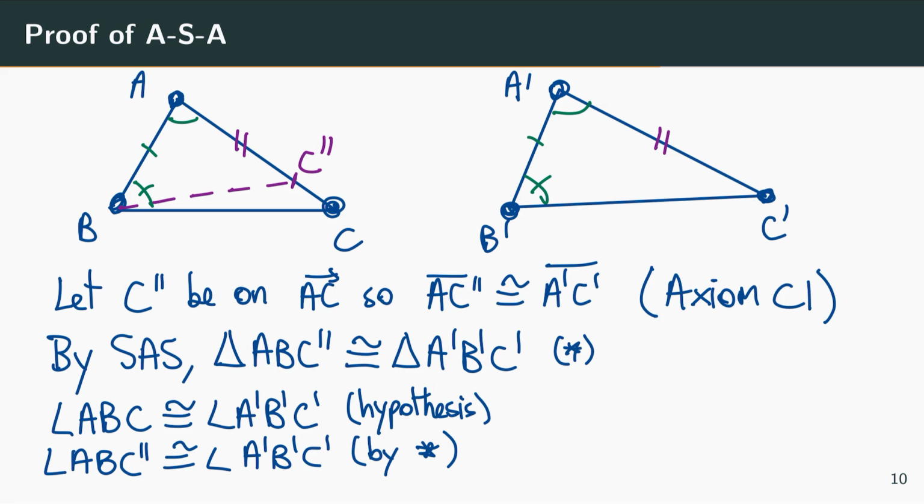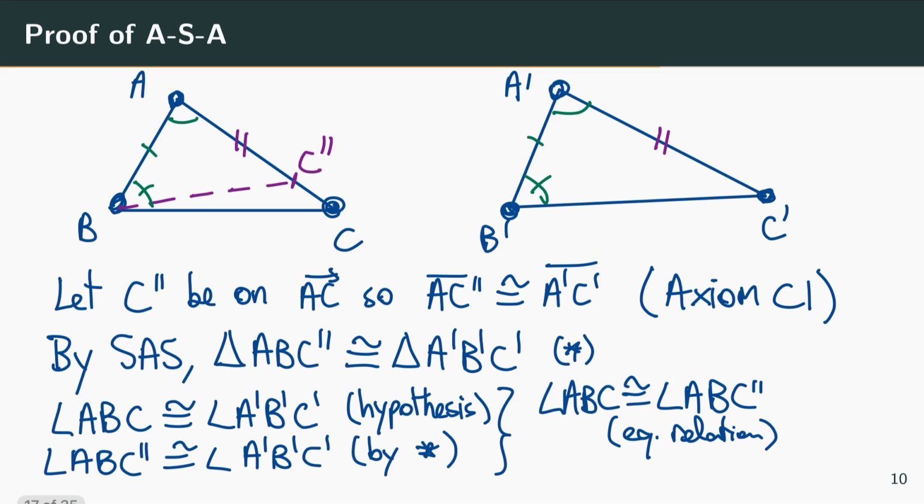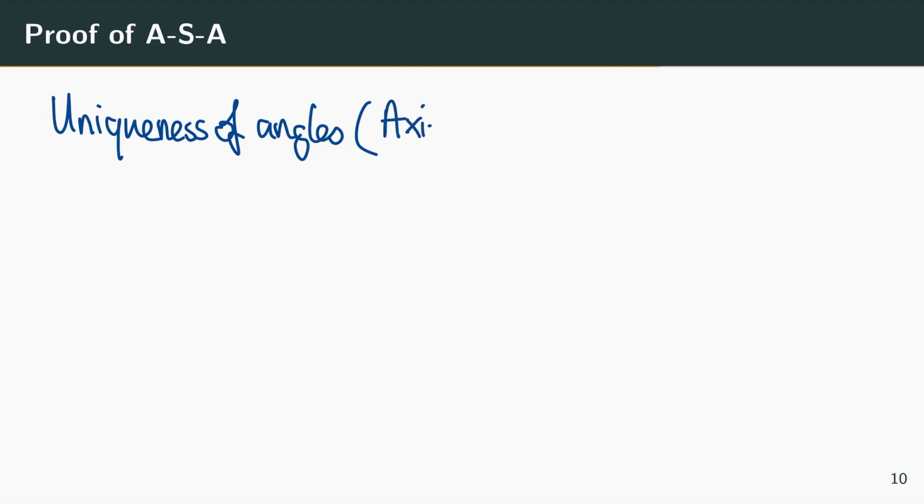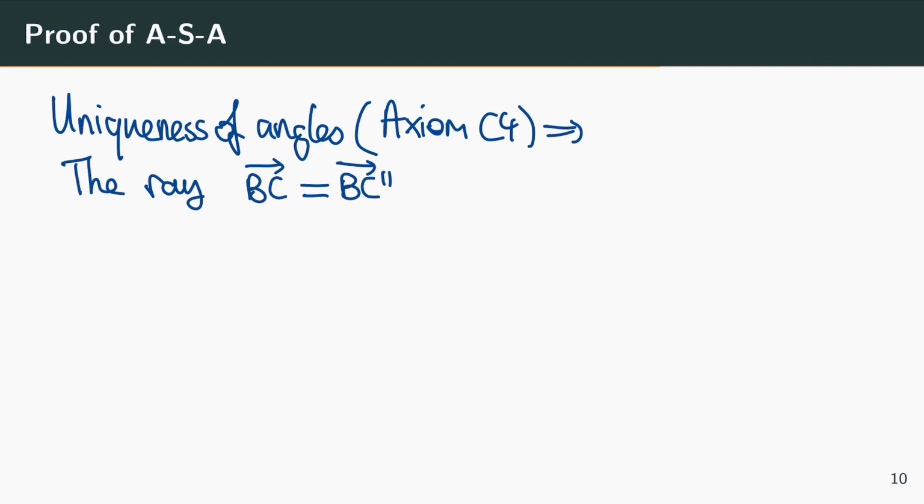Okay, by the fact that congruence is an equivalence relation, we get that angle ABC is congruent to angle ABC double prime. And now from this, we recall from axiom C4 that the ray is unique that makes that happen. So that means the ray BC equals the ray BC double prime.